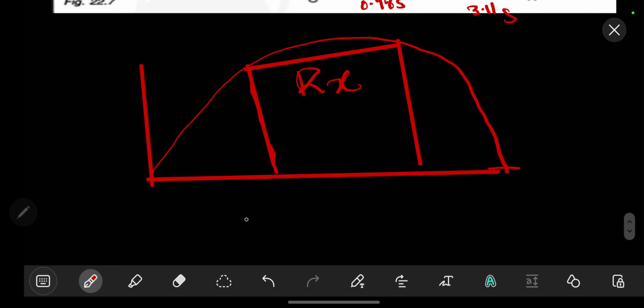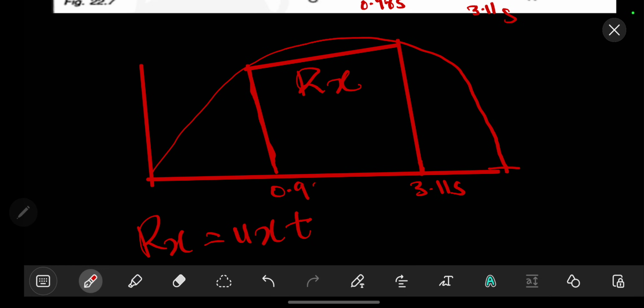So the range, remember, is equal to our ux times our time. Now the time we have: it takes 3.11 seconds here and 0.98 seconds there. So to find the time taken to move from here up to here, we subtract the times. It's simple logic.